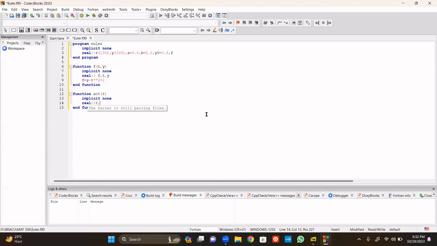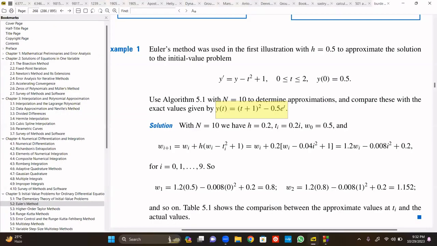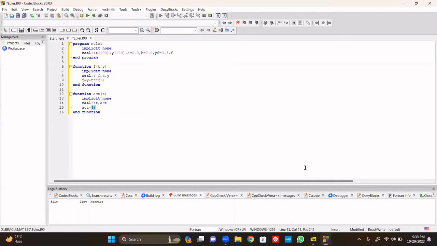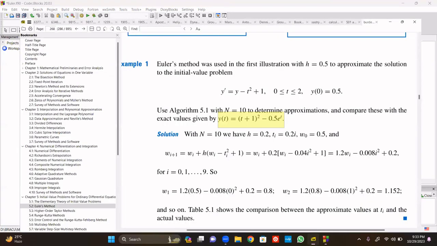The input is t, the output is ACT, and ACT equals, the expression is (t plus 1) whole square minus 0.5 times e to the power t. There is a library function for e to the power in FORTRAN, which is exp(t). I think this was the expression, right?